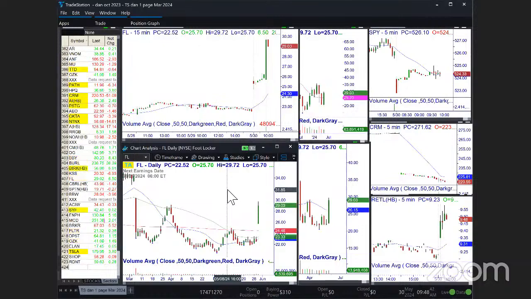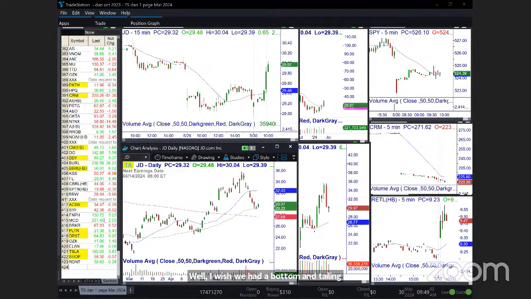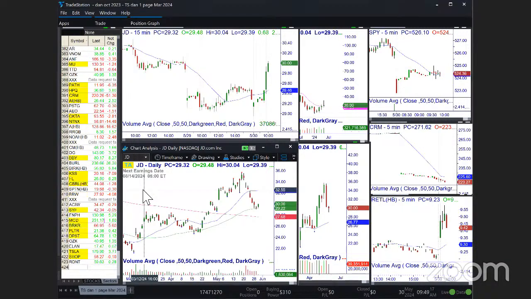Florida sure took off today. Yeah, I'm not comfortable yet for a swing, but it's right here at the gap fill now. Let's see how it closes. Well, I wish we had a bottoming tail yesterday. Tesla alarm.